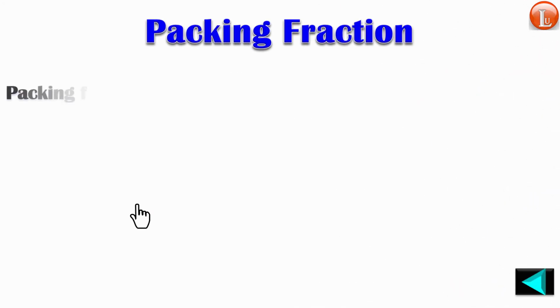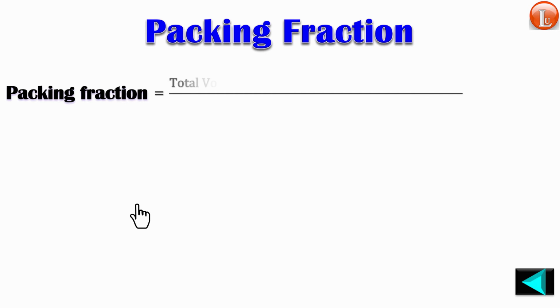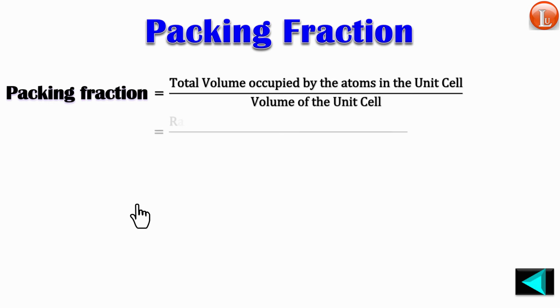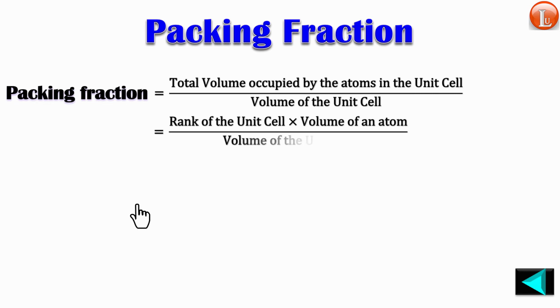Packing fraction is the total volume occupied by the atoms in the unit cell upon the volume of the unit cell, and that is the rank of the unit cell into volume of an atom upon volume of the unit cell. Remember, I'm calculating it for the bigger one. For the bigger unit cell, it is 6 because the intensive properties will remain the same. So if I take the rank as 6, then 6 into 4 by 3 pi r cube upon the volume of the unit cell.